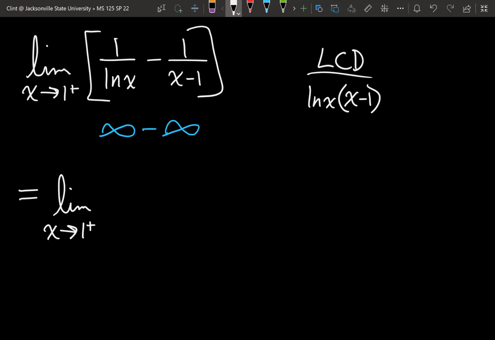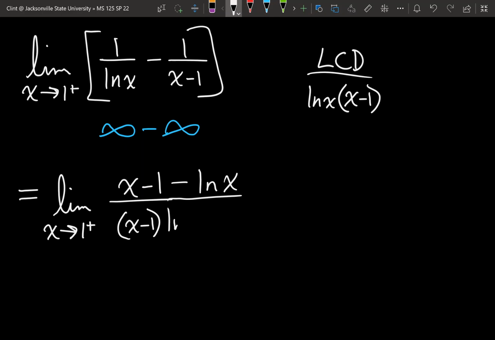So what that gives us is x minus 1 over ln of x minus, oh, I left out the term. We have to multiply the first one by x minus 1, so we get x minus 1 at the top. We have to multiply the second one by ln of x, so we get ln of x.